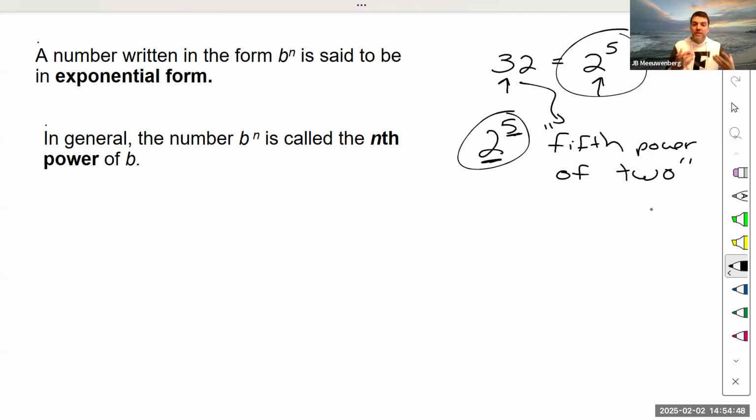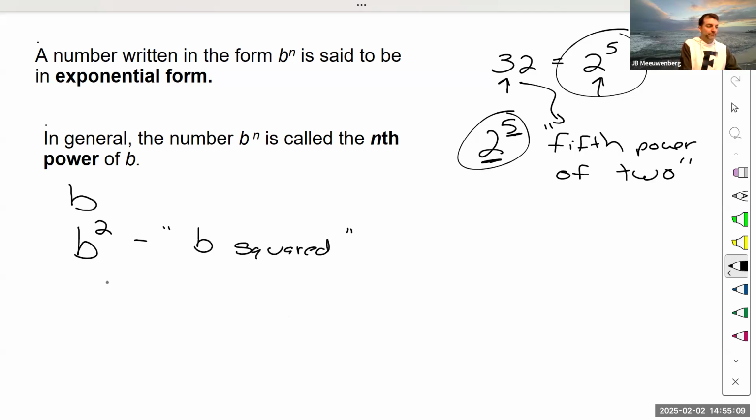Now we have special names for a couple of these as well. So if our base is b, then when we have b with an exponent of 2, right, the 2nd power, we often say that is b squared. B squared.